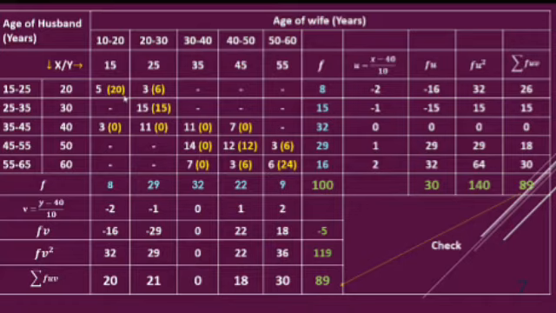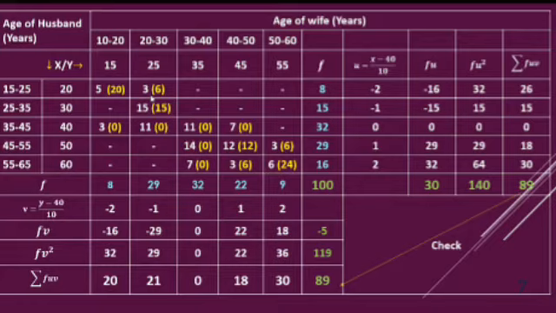Now, FUV means, first you look at this 5 into -2 into -2. F, corresponding row, column, values of U and V. So 5 into -2 into -2, so it is 20.